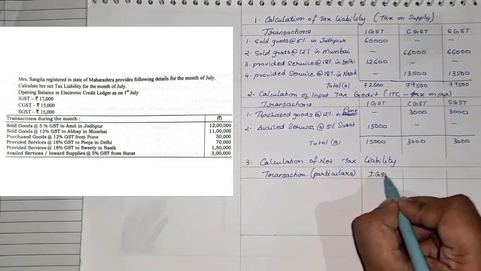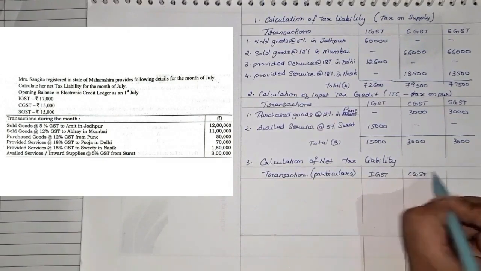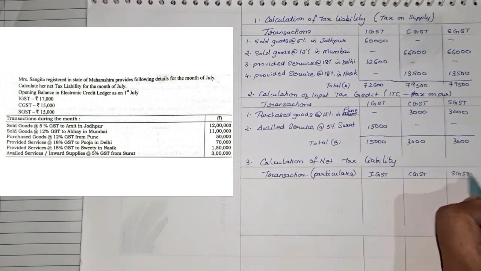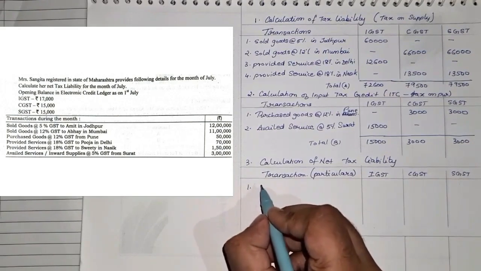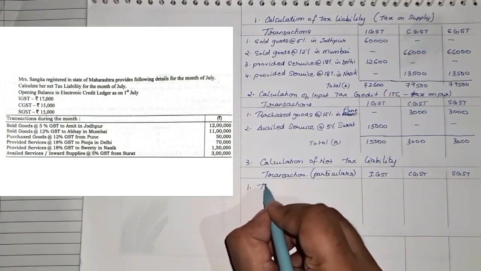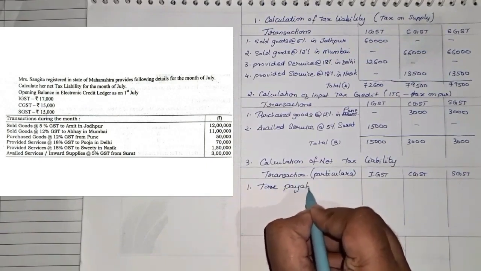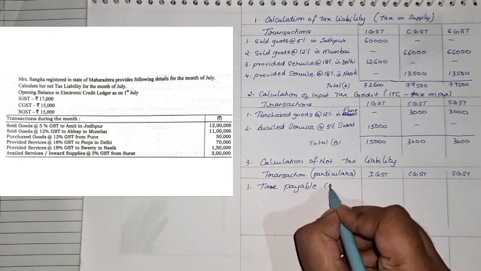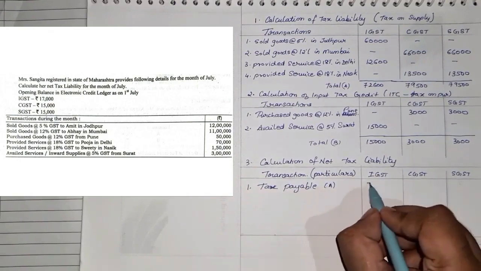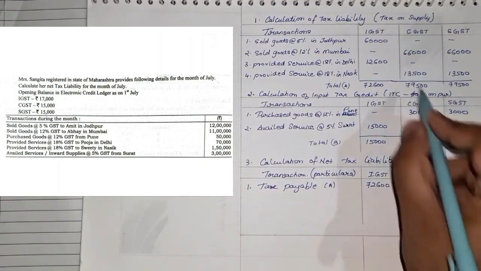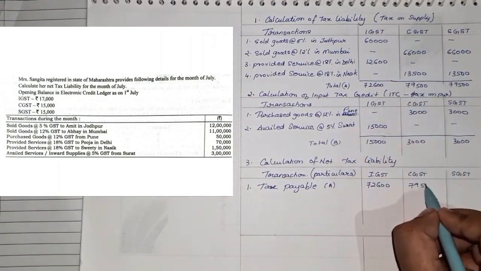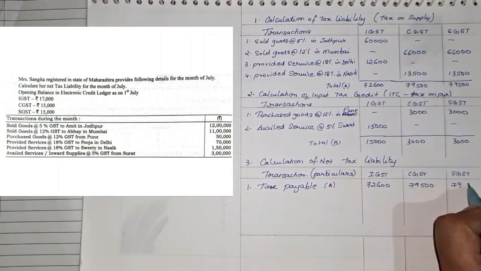Again, we have IGST, CGST and SGST. Step number 1 here, very important. First step, we need to note down the tax payable. Tax payable is nothing but your step number 1 total. So that was 72,600, 79,500 and 79,500.